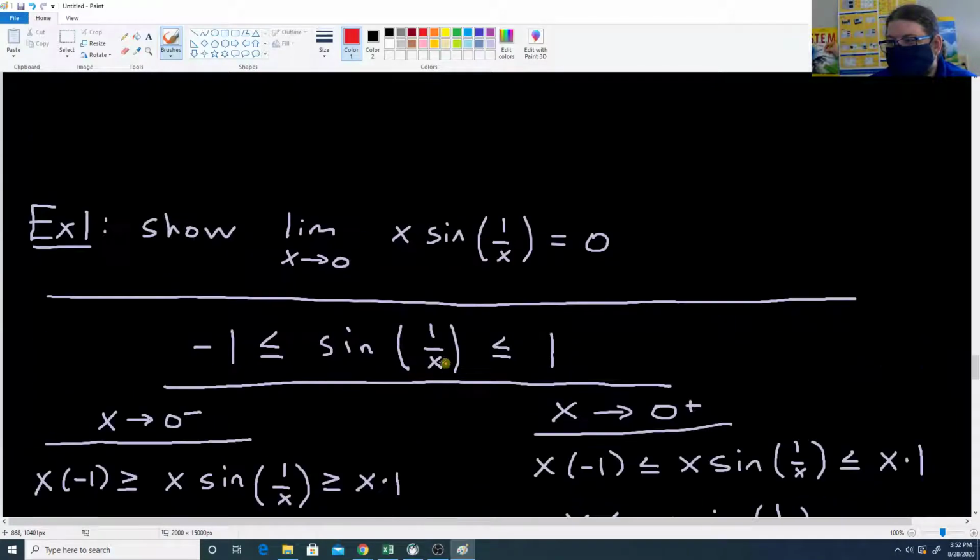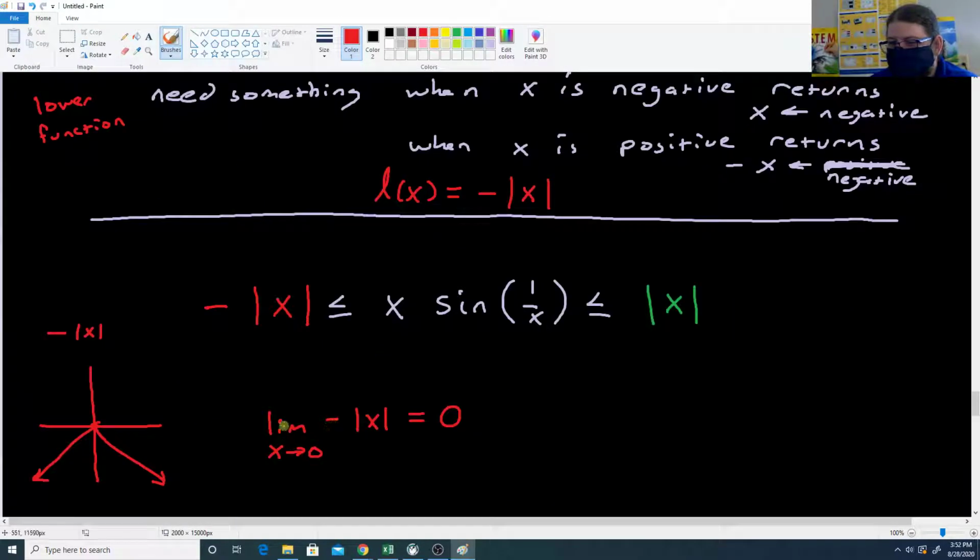Remember, from our problem statement, we're trying to show the limit as x approaches 0 of stuff. So that's why I'm looking at the limit as x approaches 0 of my lower function. Then if I look at the limit as x approaches 0 of my upper function, here's positive absolute value of x. Let me scoot that over a little bit.